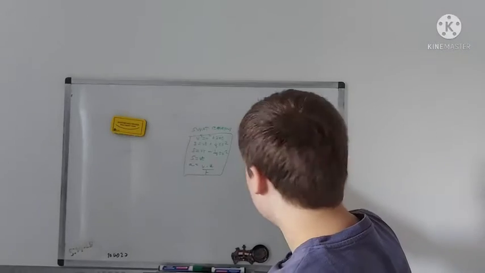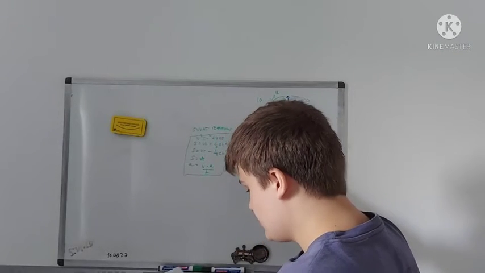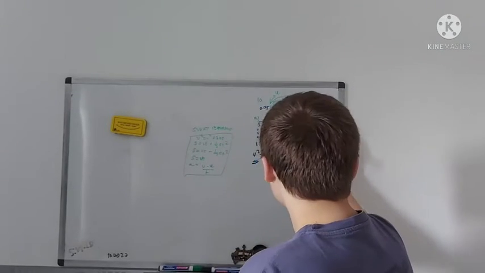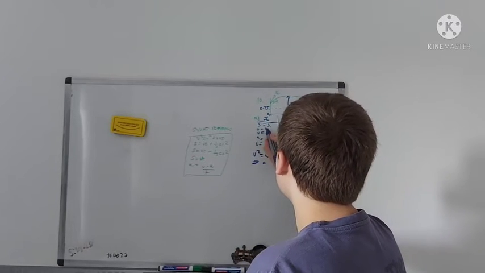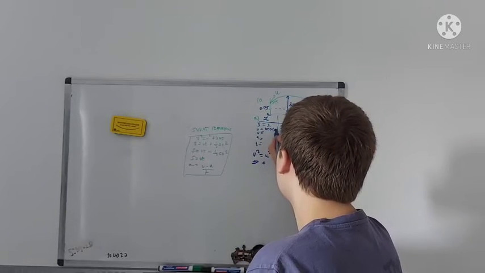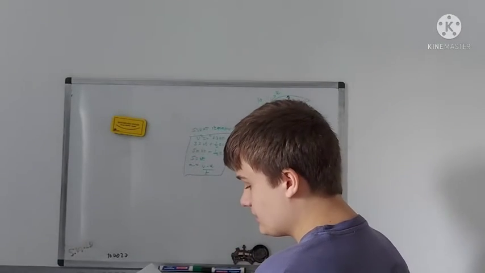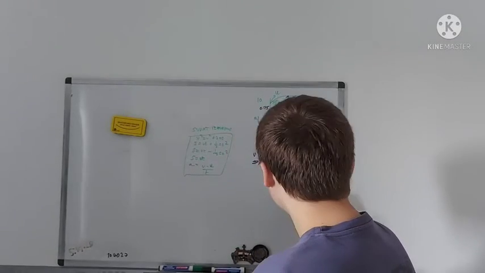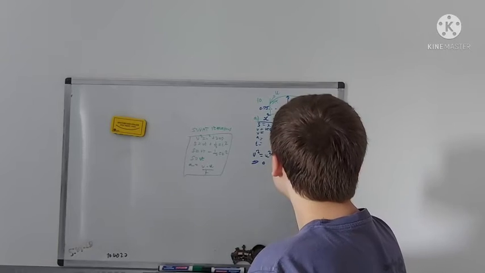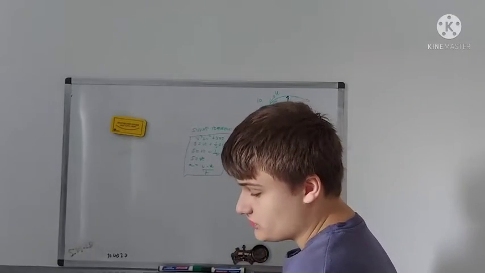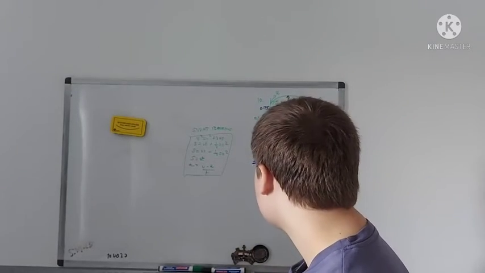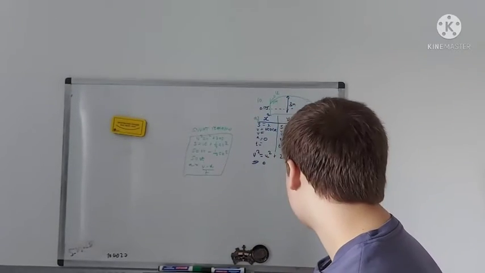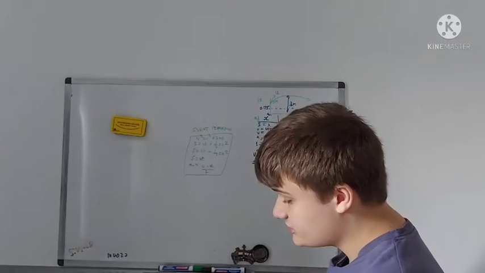I now need to work out what the u is. The u in the y direction is u sine of alpha, breaking that apart, and that will be u cosine of alpha in the x direction. The acceleration for the y direction will be negative g. In the x direction we don't have one, so that'll be 0. And we do not have the time either. So v squared equals u squared plus 2as would be the sensible way to do this.